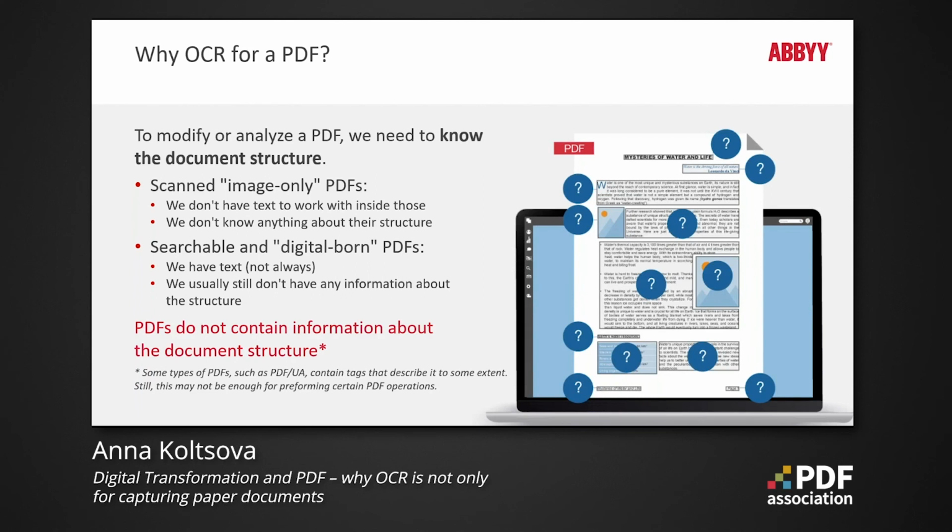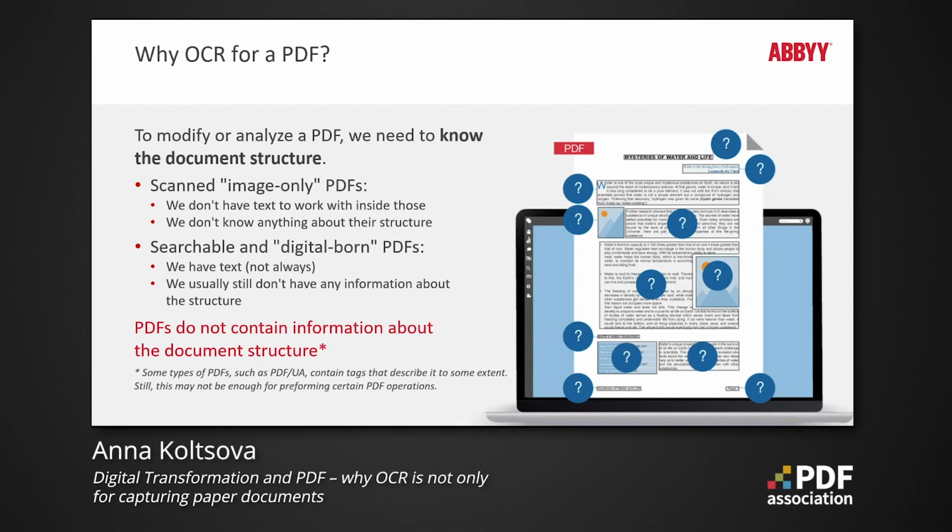PDFs do not contain information about the document structure. From a PDF itself, we don't know what the parts of the text, images, lines, and other elements are. We don't know what the role of each of those elements is and how they are related to each other. This is what OCR can help to figure out.